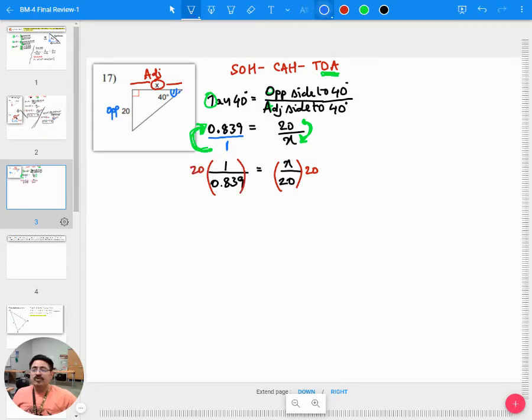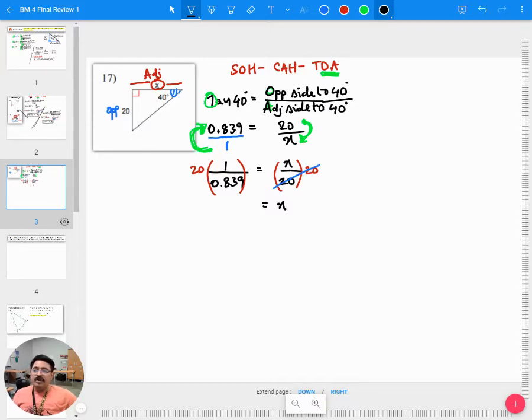So 20 and 20 get cancelled. The value of x is 20 times, let me make use of the calculator, 20 times 1 over 0.839. Okay, so the answer is 23.83.